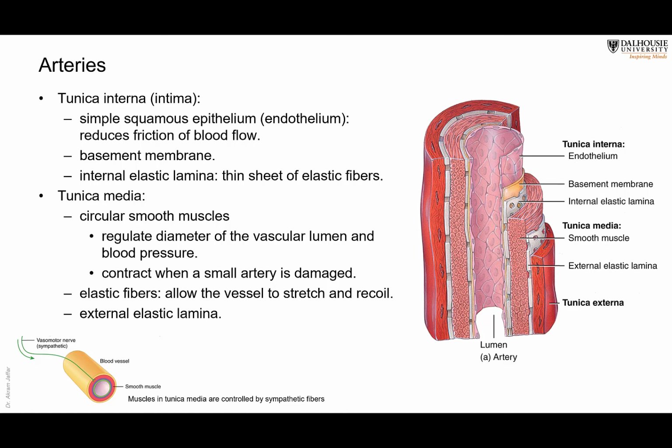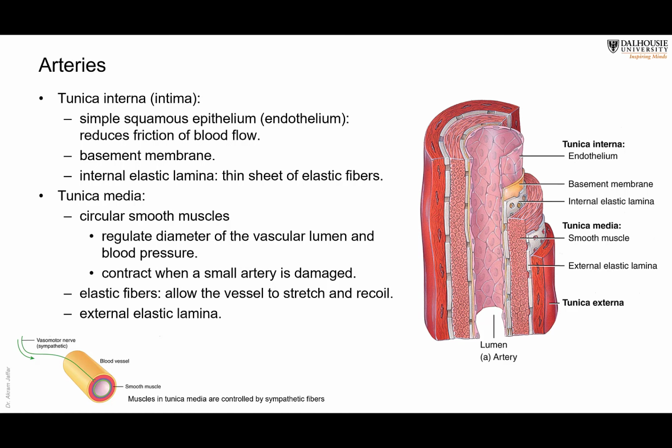In between them, there are collagen fibers, there are elastic fibers, and the amount of elastic fibers will become much more in a certain subtype of arteries, which are called elastic arteries, or the conducting arteries, as I will show you in a moment. Then we have another lamina, which is called the external elastic lamina.